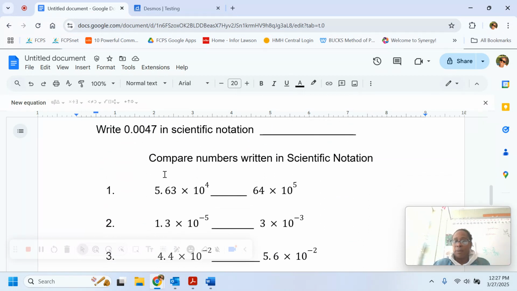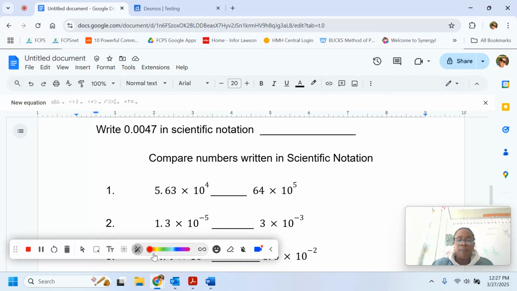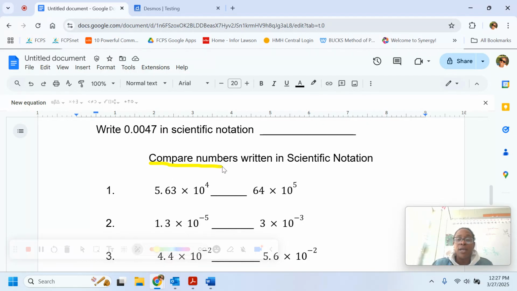All right, so now let's look at comparing these numbers. I don't know if you remember the last time we talked about this, but we always looked at the exponent. When we are comparing numbers written in scientific notation, it's asking us, is a number greater than, less than, or equal to? You can type both of these into Desmos, or you can look at the exponent.